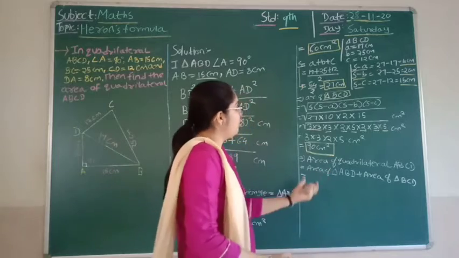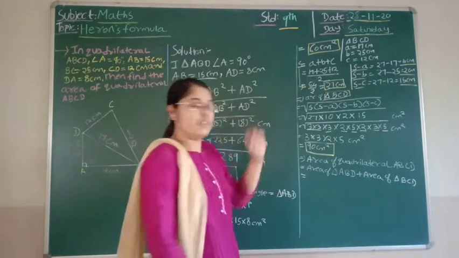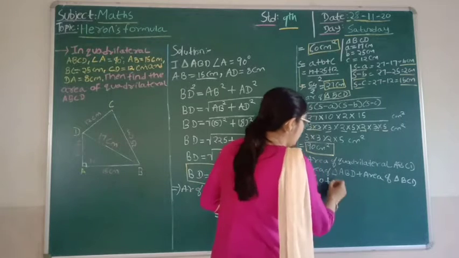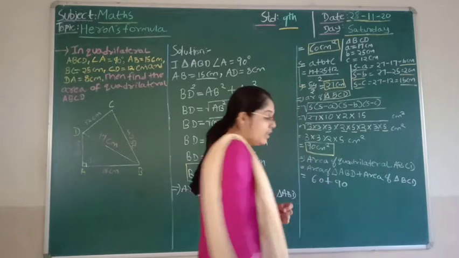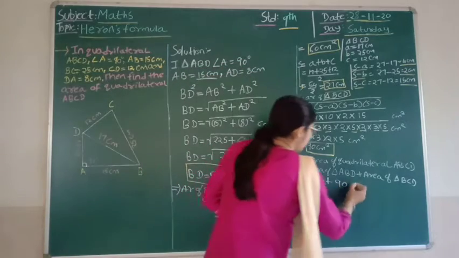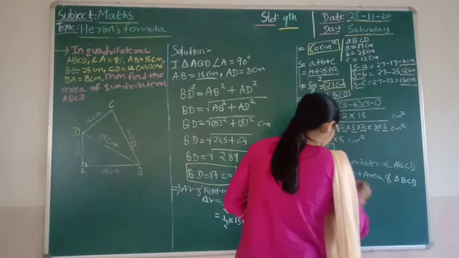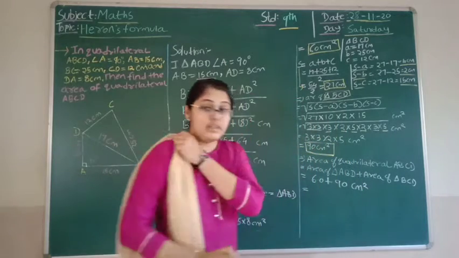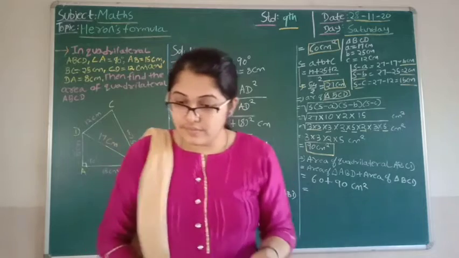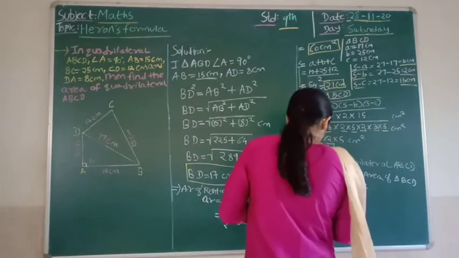Now the value of ABD is 60 centimeter square. So 60 plus 90. We'll add both of these. We are going to get the answer 150. That is 150 centimeter square.